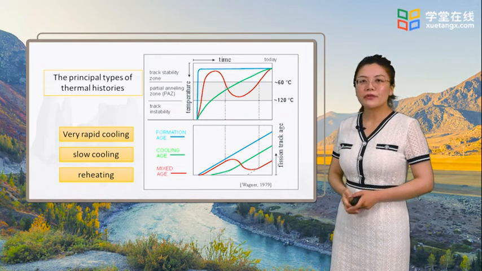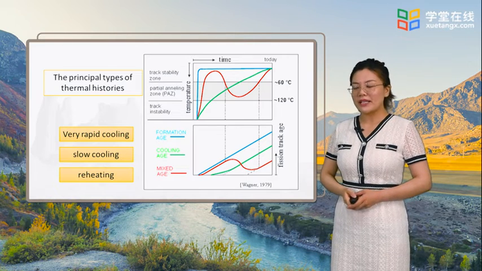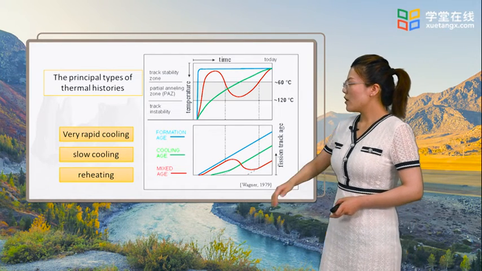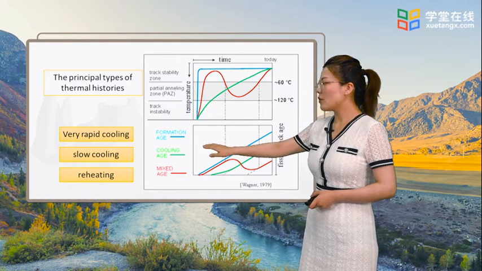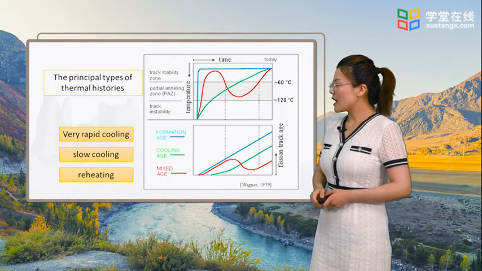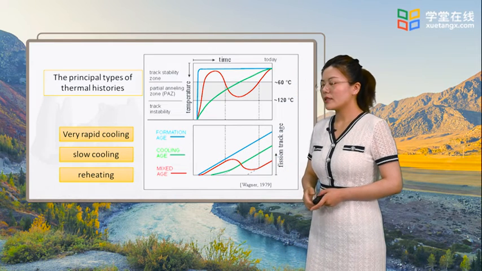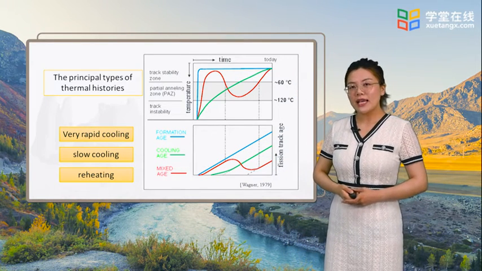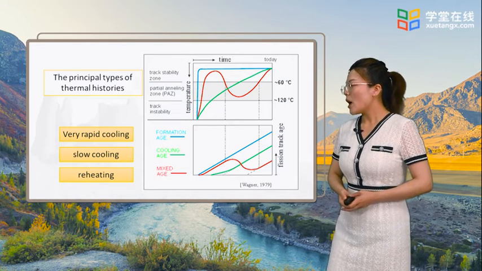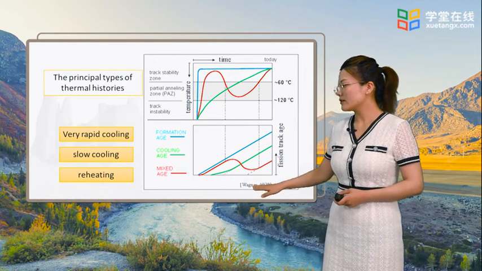For all three thermal histories, the age will have different meanings. For the rapid cooling one, it will produce an age we call the formation age. For the relatively slow cooling, we'll have the age we call the cooling age. And in the case of reheating, the age will be an apparent age, which means it is a mixed age, as shown in this figure here.